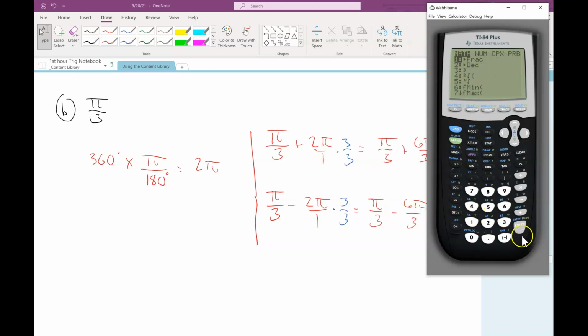And then if I hit the math and fraction button, that gives me 7/3, and I can just add the pi back in at the end. Just as a way to shortcut all this fraction arithmetic, which can be tedious if you have to do it a bunch of times. But your calculator can handle all that for you if you know how to ask it nicely.